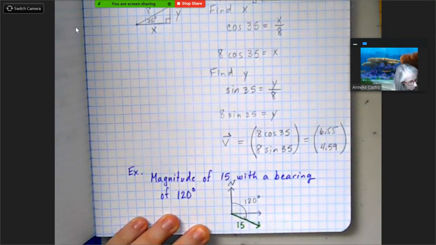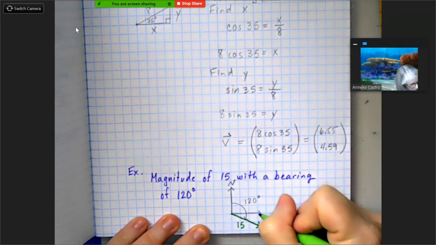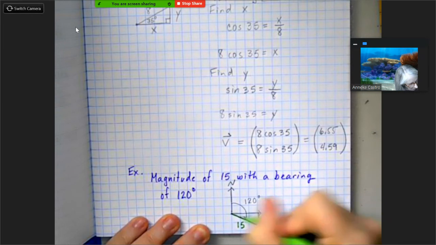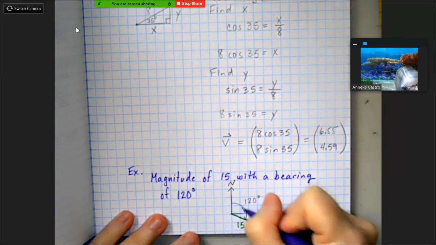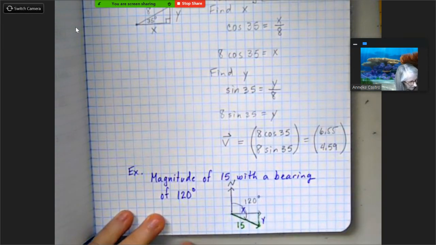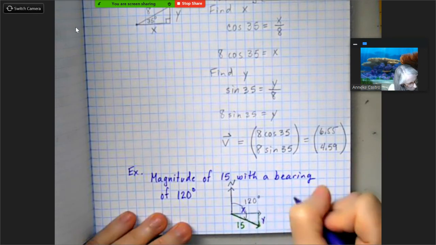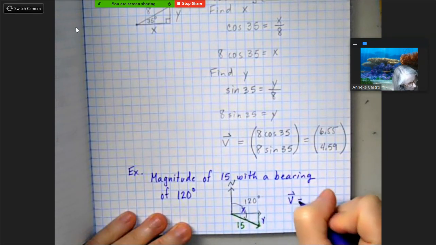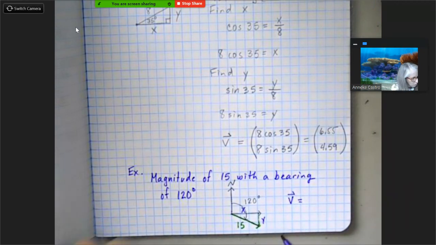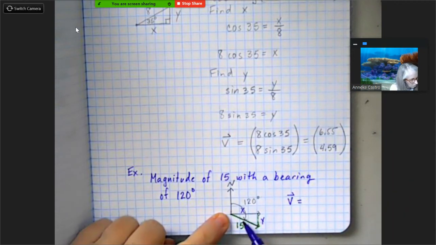So if I was to solve this now, I could do my x and y right here. Here's my little triangle. So here's my x, and here's my y. Oh, what the heck? Let's go ahead and do this. So my vector, the component, is going to be, this is going to be 30 degrees in here, right?